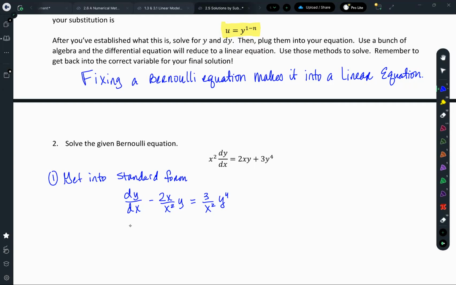Let me simplify that once. dy/dx minus 2 over x y is equal to 3 over x squared y to the 4th power, where n is equal to 4. We did also get a domain restriction in there, and I didn't even mention it, but we divided by an x squared, which means x cannot be 0.